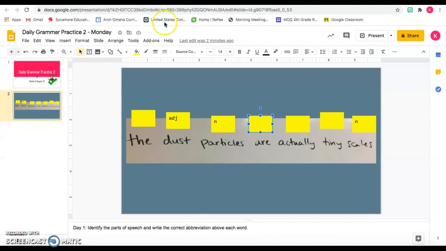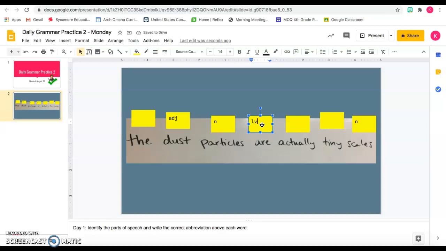So let's look at our sentence. The dust particles are actually tiny scales. So let's say I change are to just an equal sign. The dust particles equal actually tiny scales. Does that still convey the same message that dust particles are tiny scales? Yes. So in this case, it is a linking verb, and we will denote that with an LV.